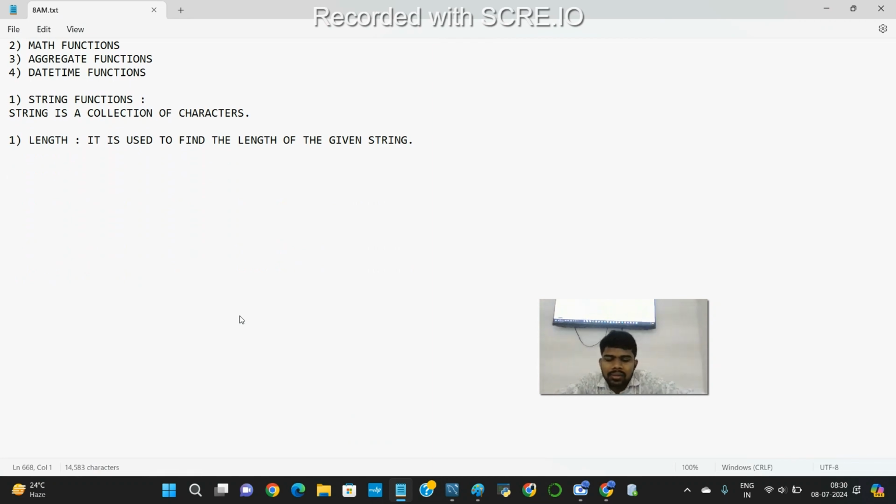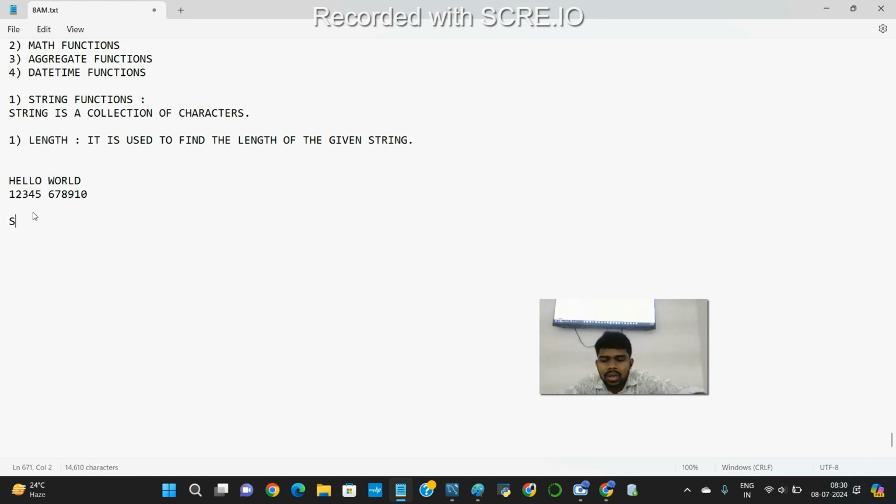Let's say one-based indexing: 1, 2, 3, 4, 5, space 6, 7, 8, 9, 10. I want to get this string from 2 to 6.